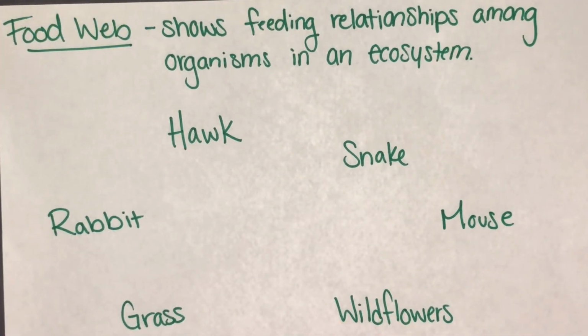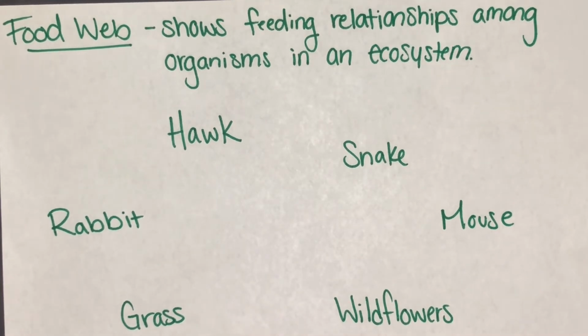Food webs show the feeding relationships among organisms in an ecosystem. Food webs are made up of many food chains. Again, the arrows always show where the energy is going. They show how connected ecosystems are. Everything impacts everything else and are more representative of real life. In reality, most animals eat many different things, and food webs show this where food chains only show one path.